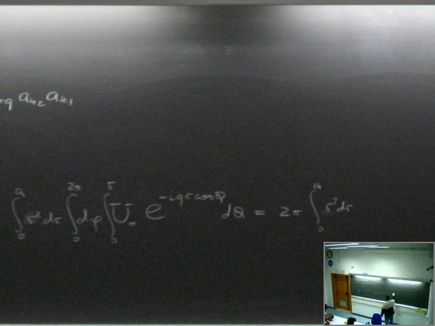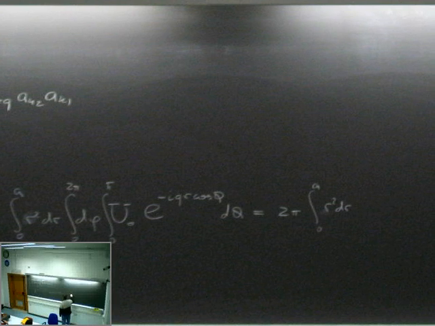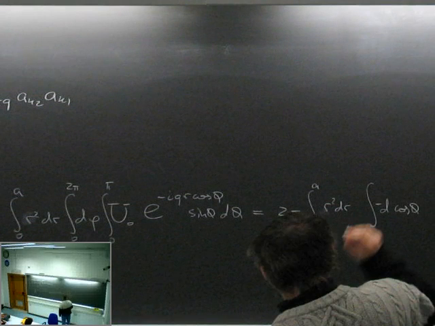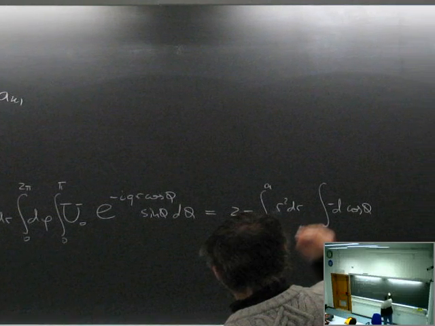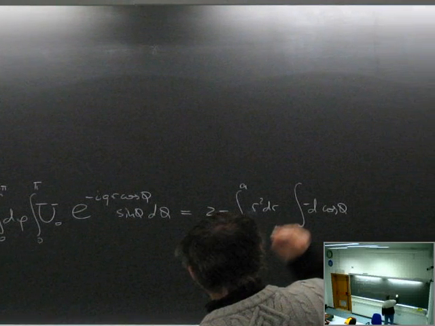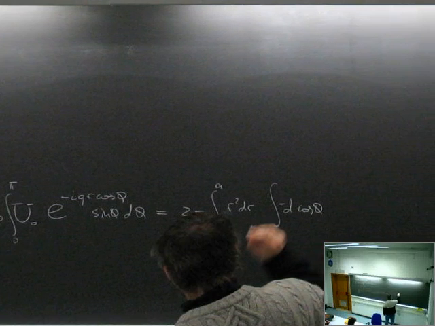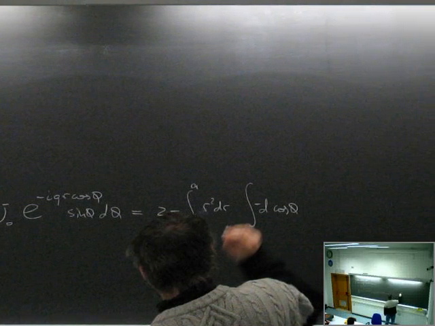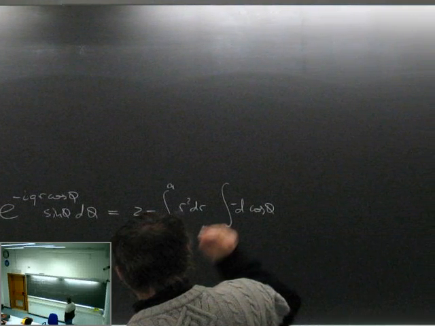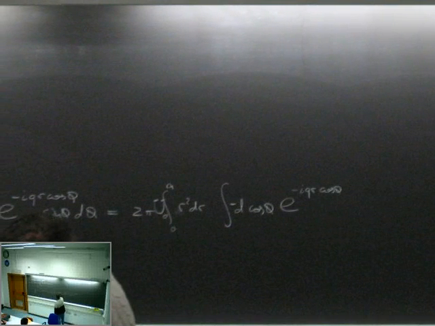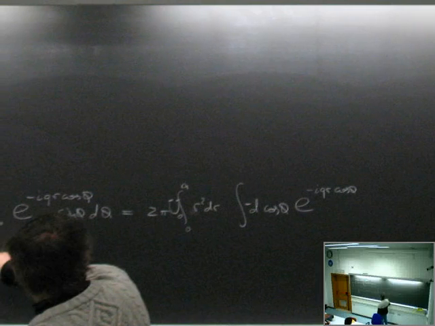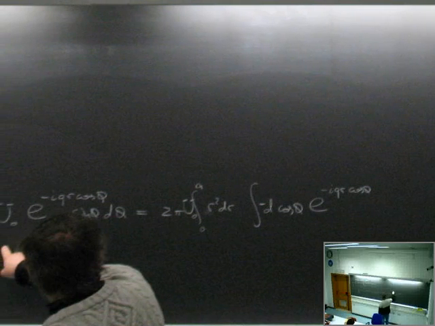Okay. As usual, I will write this integral d cosine theta with sign minus, and here it is e to the power minus i q r cosine theta, and cosine theta changes from value at 0, which is 1, to value at pi, which is minus 1, 1 to minus 1.